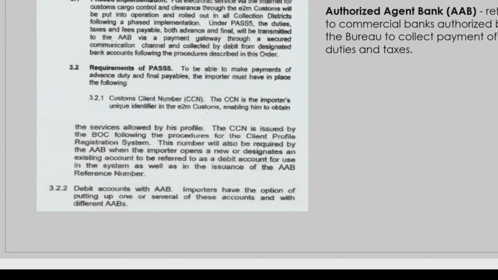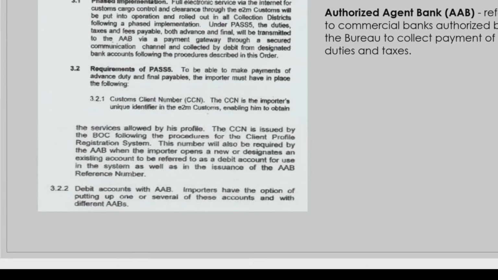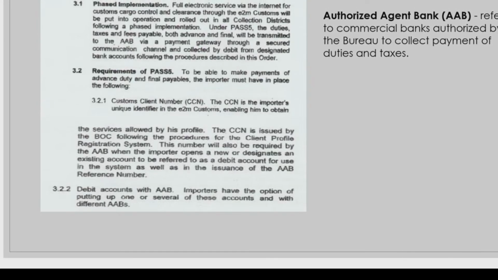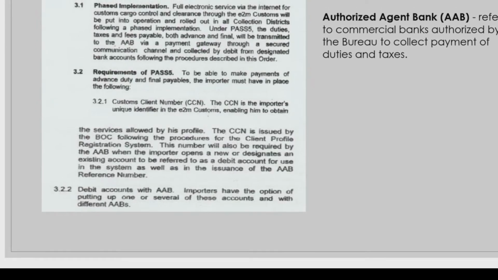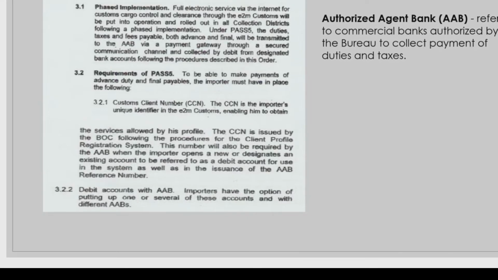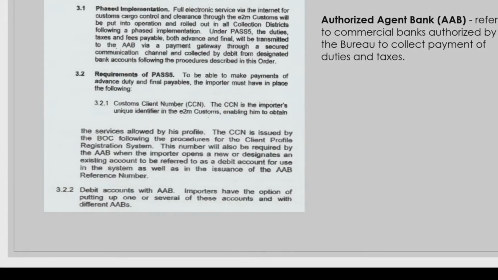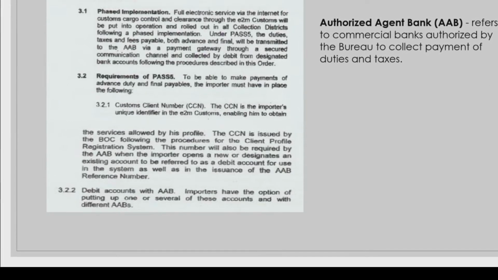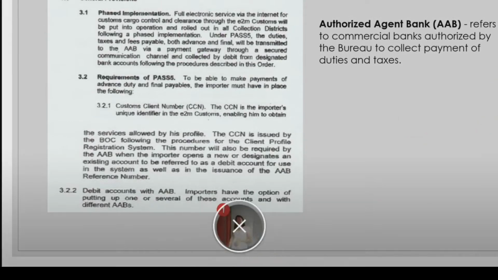So the importer should open up a debit account in an authorized agent bank accredited by the Bureau of Customs for them to be given an authorized agent bank's reference number that should be used in the lodgement of entry into the Bureau of Customs.